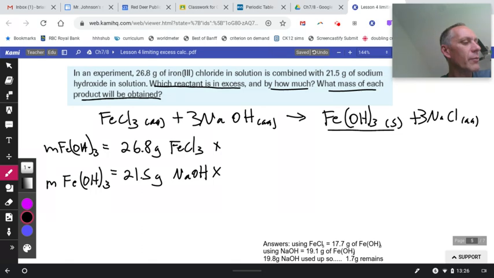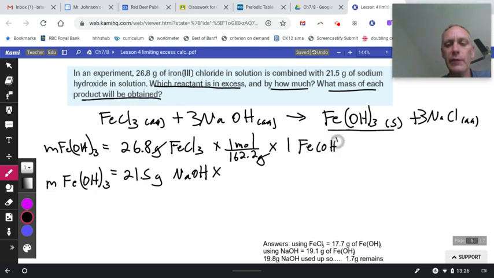FeCl3's molar mass, 1 mole for 162.2 grams. Okay, molar ratio to convert that to Fe(OH)3 is 1 Fe(OH)3 for every 1 FeCl3.